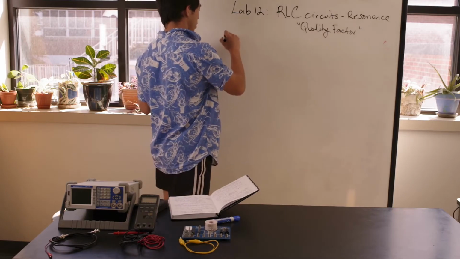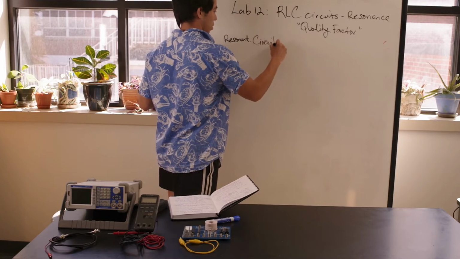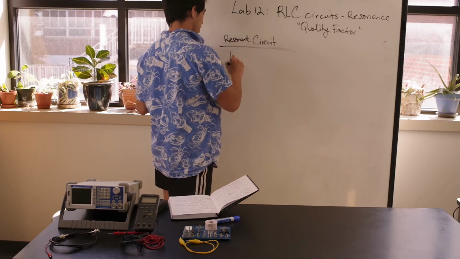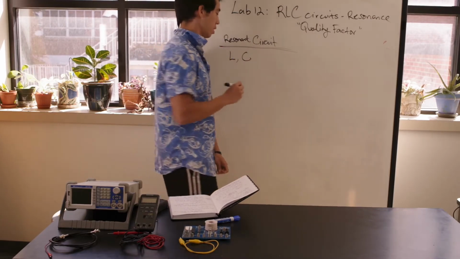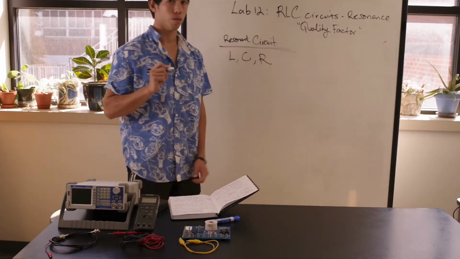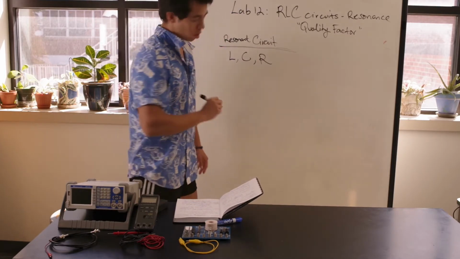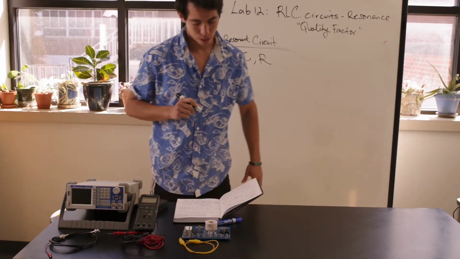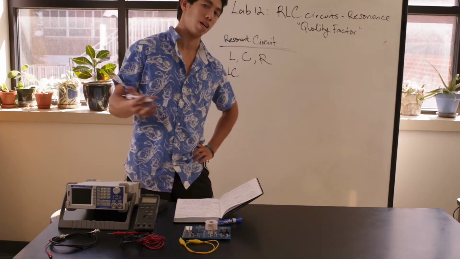So let's draw a resonant circuit. A resonant circuit comprises an inductor with inductance L, a capacitor with capacitance C, and depending, it has a resistor of resistance R. So the LC component gives rise to the natural oscillations, while the resistor acts as a damper to these oscillations.